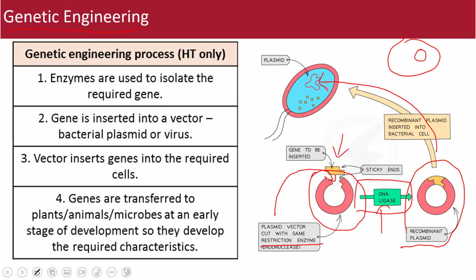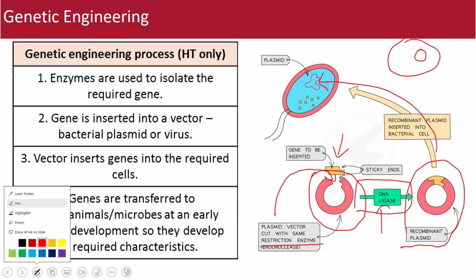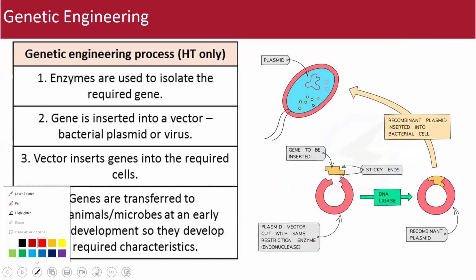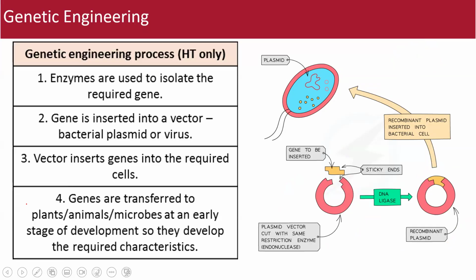Now, the most common example of that is insulin. So what they'll do is they will get the plasmid, cut out a certain chunk of the plasmid's DNA, and insert this yellow bit here.